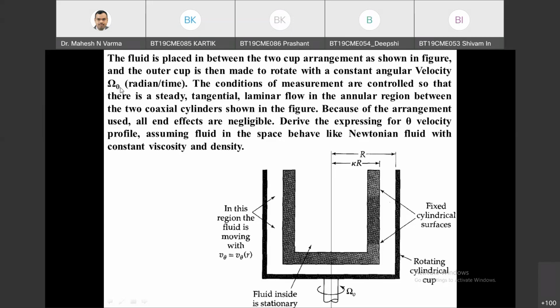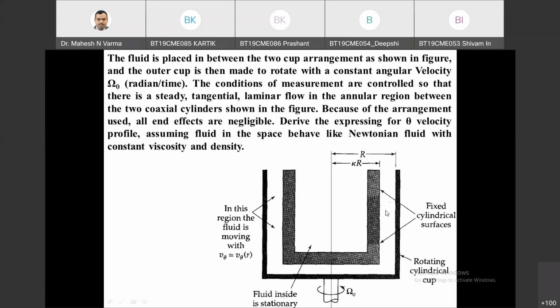The conditions of measurement are controlled so that there is a steady tangential laminar flow in the annular region between the two coaxial cylinders shown in the figure. Because of the arrangement used, all end effects are negligible. Derive the expression for the theta velocity profile, assuming the fluid in the space behaves like a Newtonian fluid with constant viscosity and density.